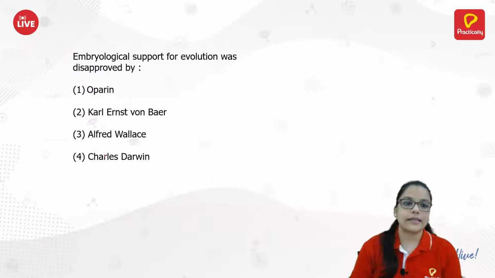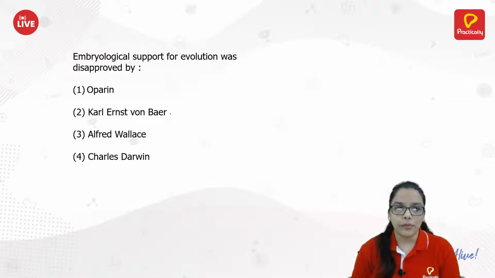Next. Embryological support for evolution was disapproved by Oparin, Carl Ernst von Baer, Alfred Wallace, or Charles Darwin. The answer is Carl Ernst von Baer. Why?